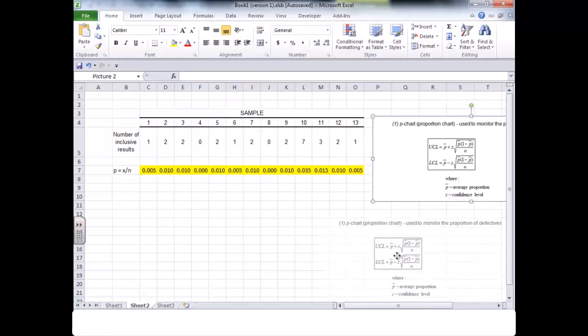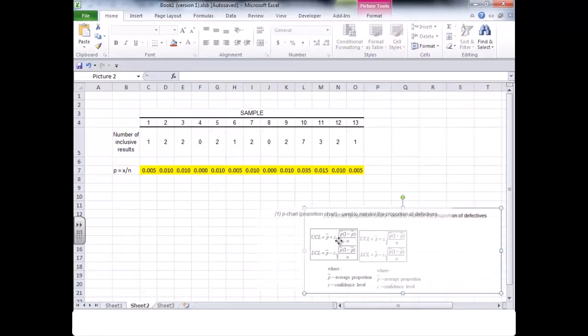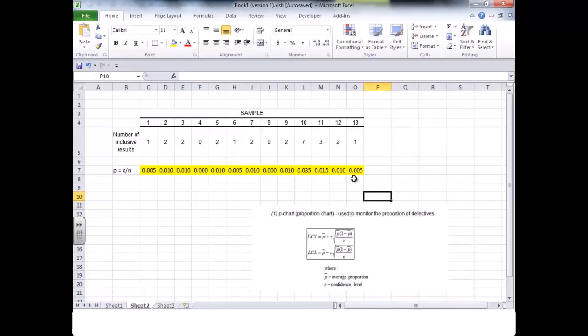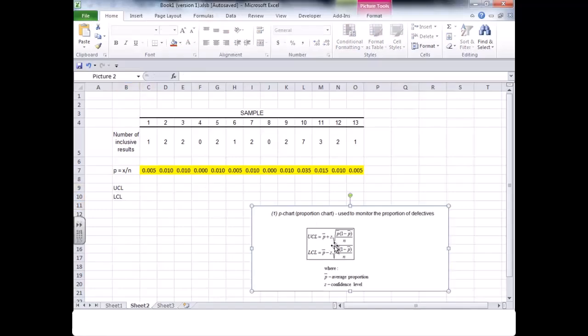So using this formula as our guide, we will compute the upper control limit as well as the lower control limit. For this formula, we will need P bar.